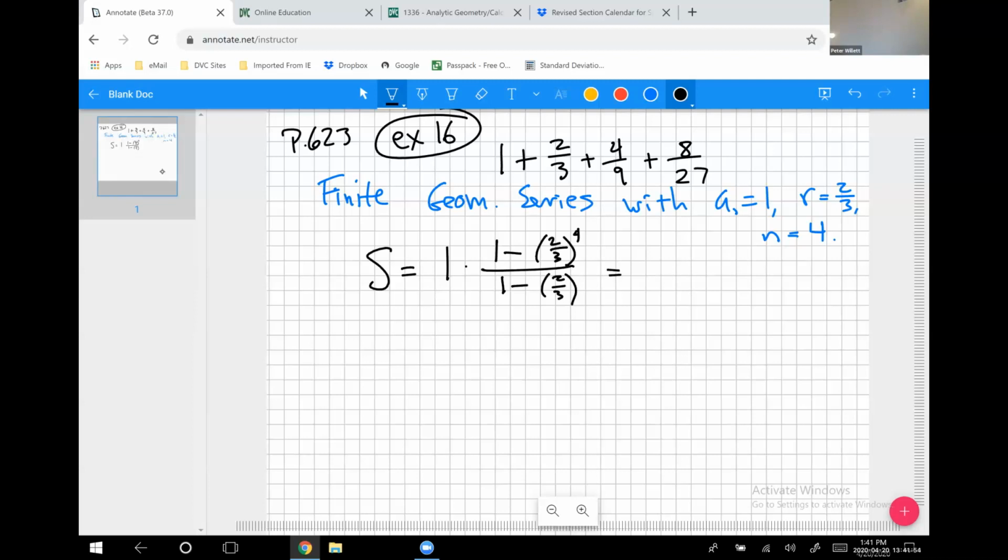Let's go ahead and take it a little further. 1 minus 16 over 81, divided by 1/3. Dividing by 1/3 is the same as multiplying by 3, and 1 minus 16 over 81 is 65 over 81. And I could divide the 3 into the 81, so then this reduces to 65 over 27.